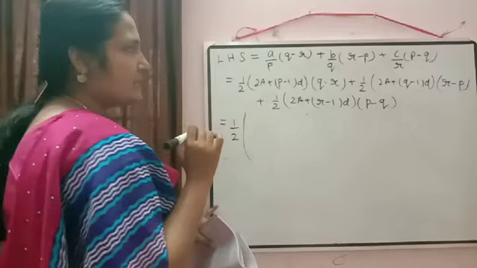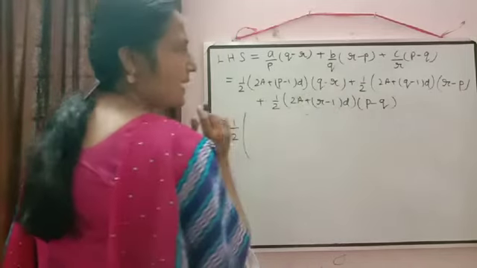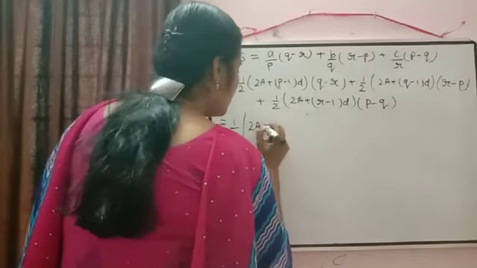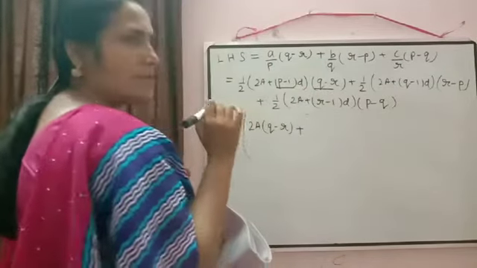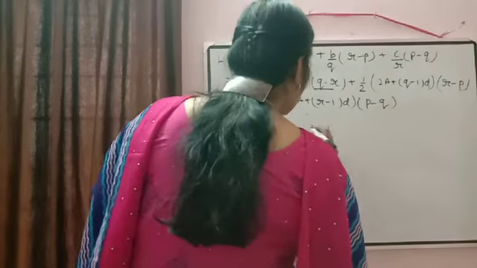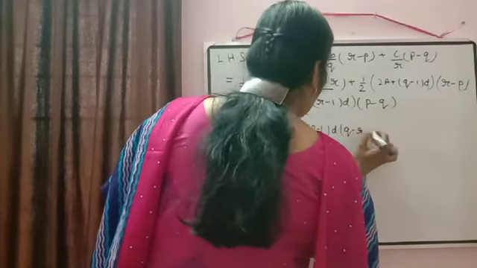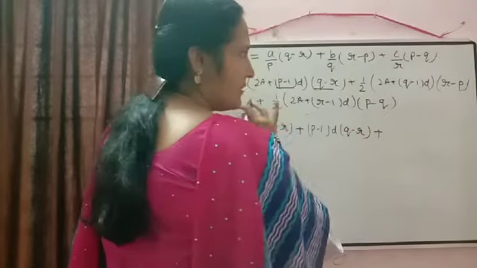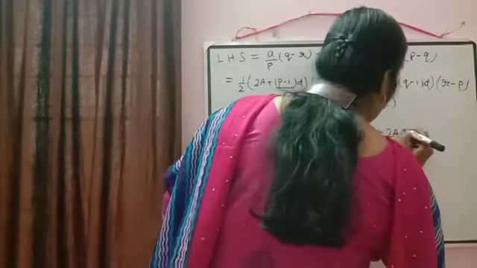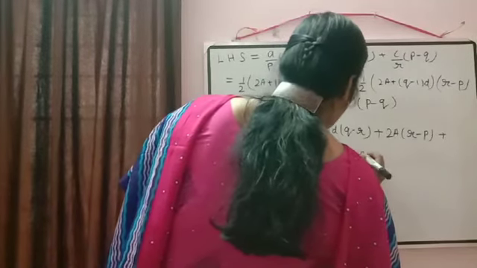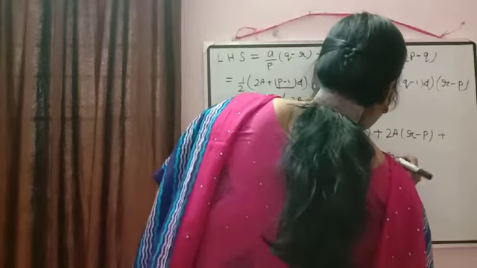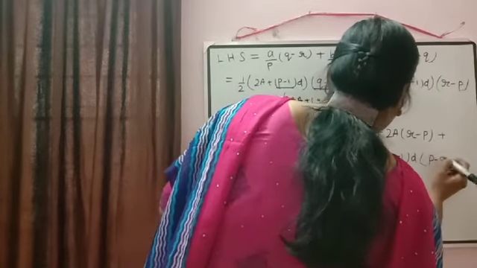Now inside the bracket we can check what will remain. 2A will be multiplied by Q minus R, so write down 2A into Q minus R plus P minus 1 into D into Q minus R. Plus half already taken common, 2A will be multiplied by R minus P, then plus Q minus 1 into D also multiplied by R minus P, plus 2A multiplied by P minus Q plus R minus 1 into D multiplied by P minus Q.